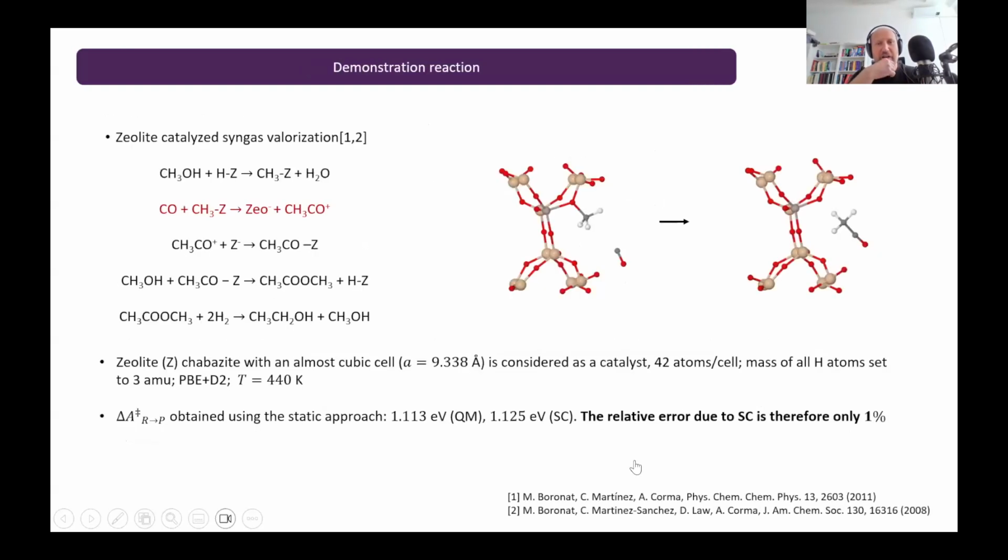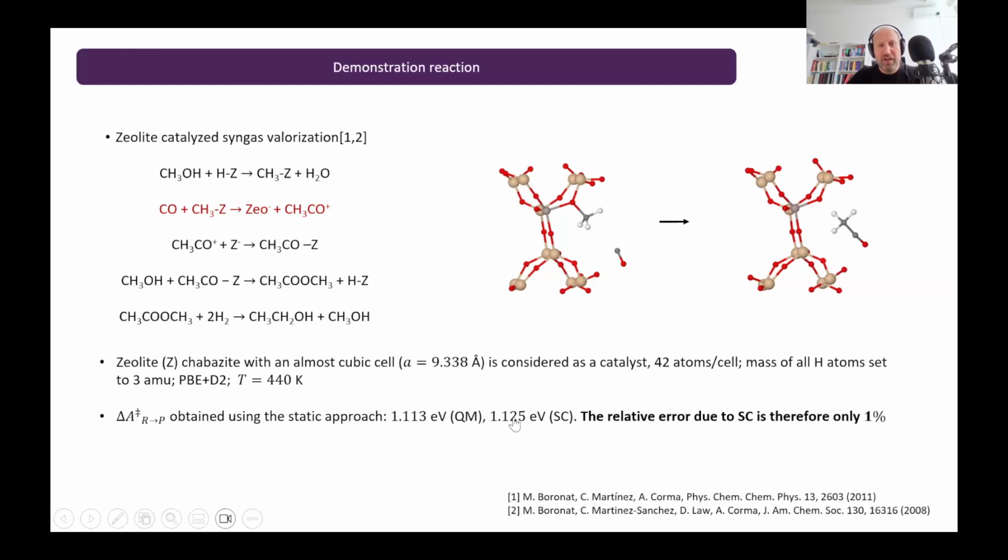In the previous lecture, I suggested a simple test to see how important quantum mechanical effects are. This test consisted in comparison of static approach results employing quantum mechanical and semi-classical expressions for vibrational free energy. So we apply this test to our demonstration reaction, which is carbonylation of methyl group in zeolite. And we found that the difference between semi-classical and quantum mechanical static results was pretty small.